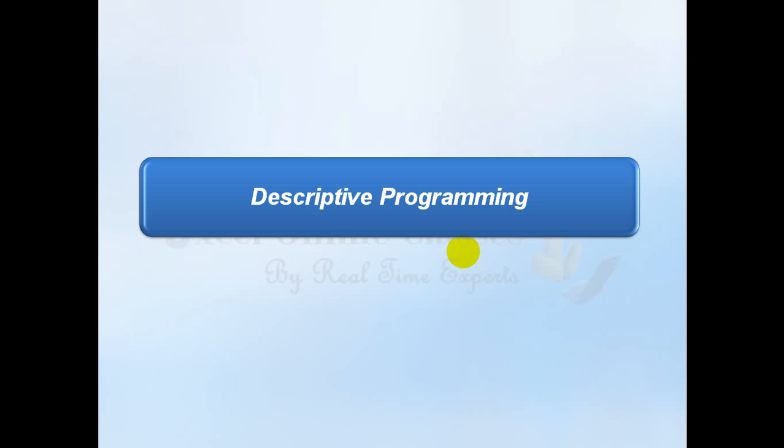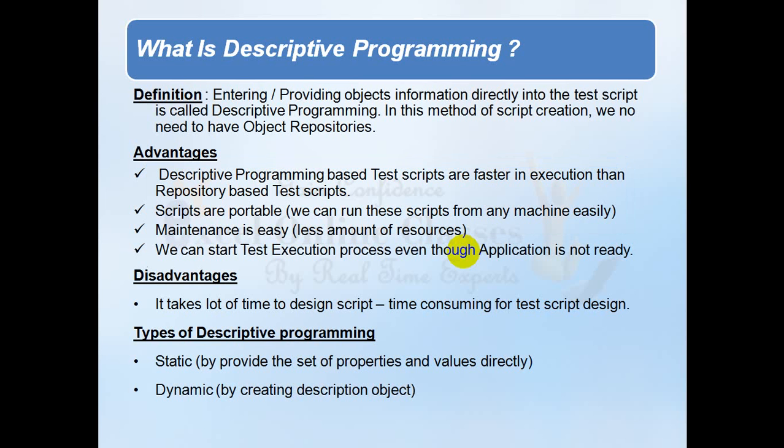But in descriptive programming, we are directly giving the object information into the script. That is the definition I have given here. The definition of descriptive programming language is entering or providing object information directly into the test script.